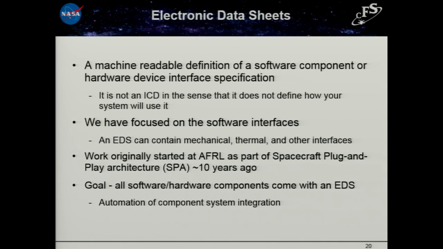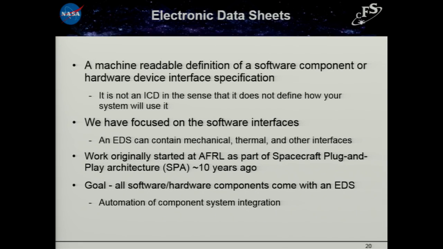Yep, I'll stay on. So we introduced this concept last time, and we've matured it considerably since then. I just want a quick refresher on the definition. Electronic data sheets are a machine-readable definition of a software component or hardware device interface specification.